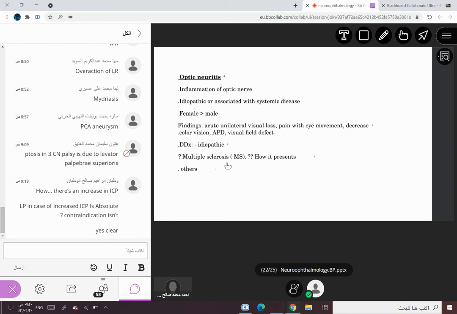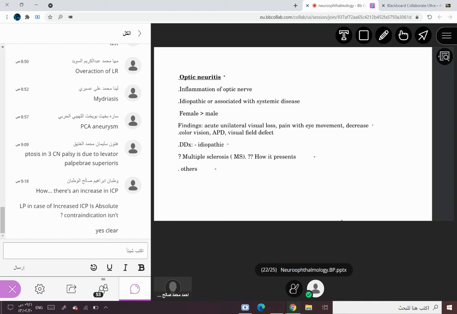And in multiple sclerosis, you pass through medicine and neurology, and you already study the detailed presentation, the neuroimaging signs or neurological signs of MS.